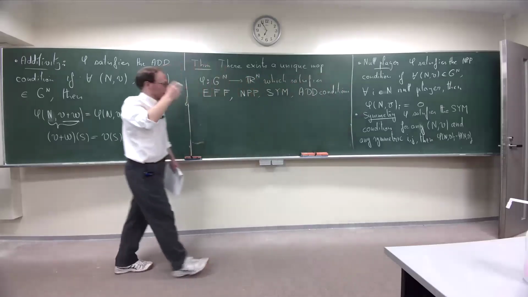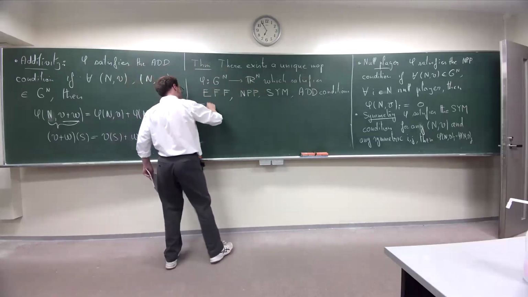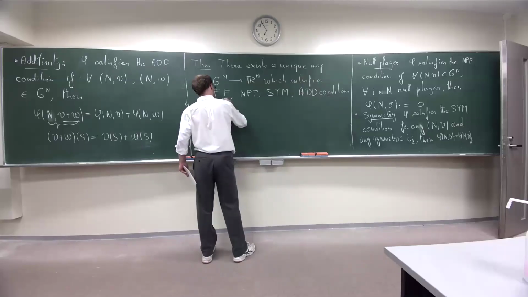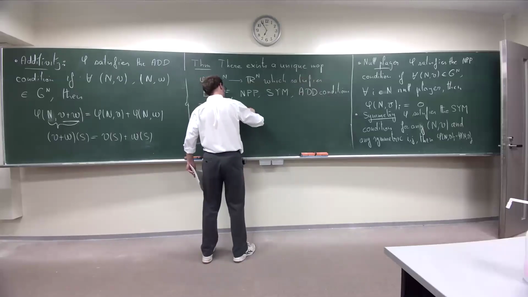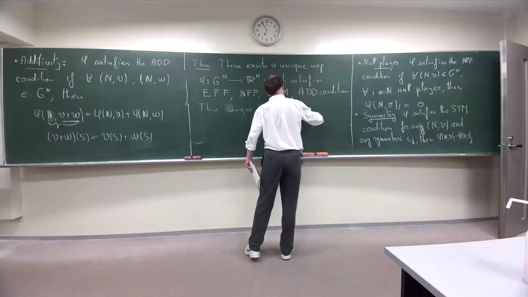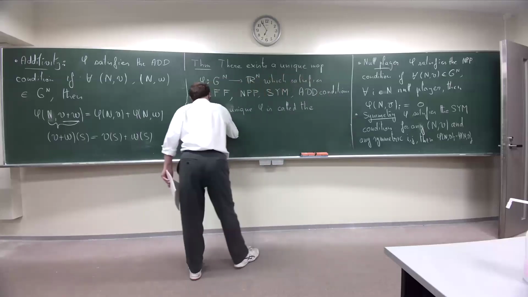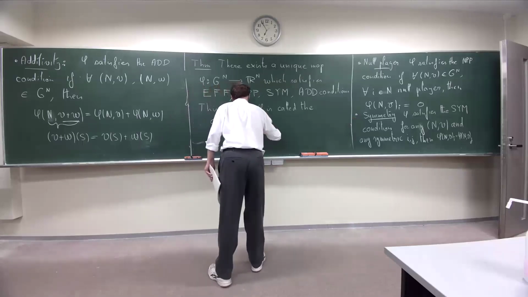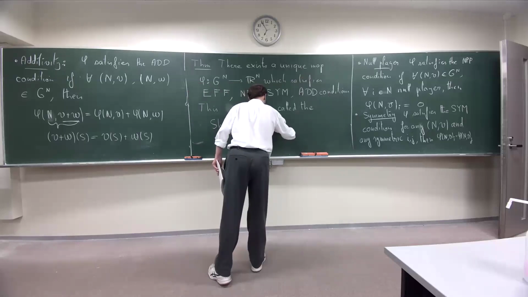And this unique phi is called the Shapley value. And I'm going even to give you a formula.